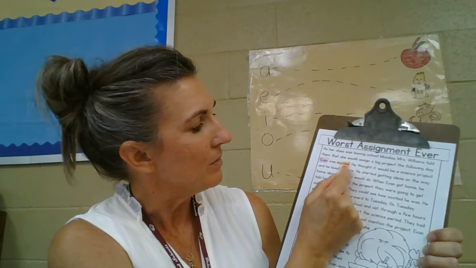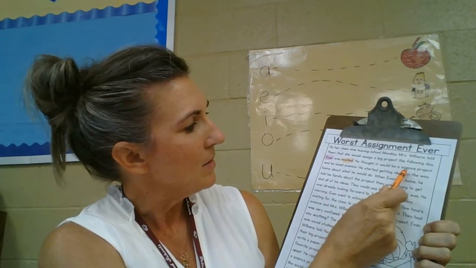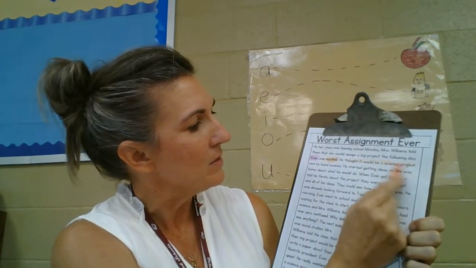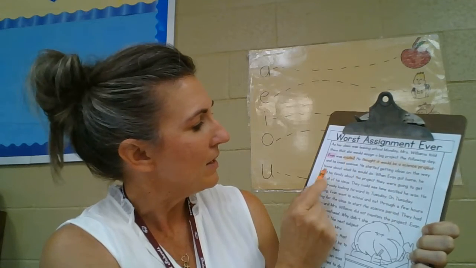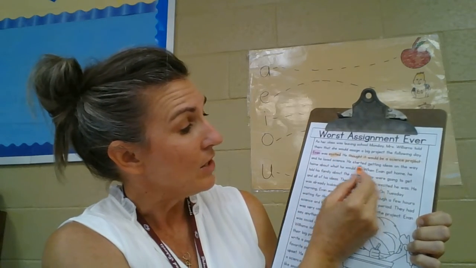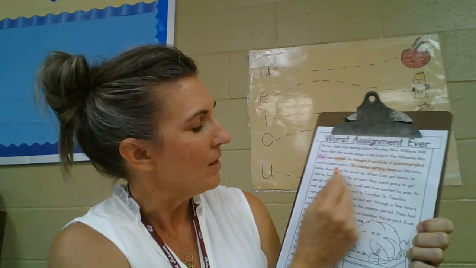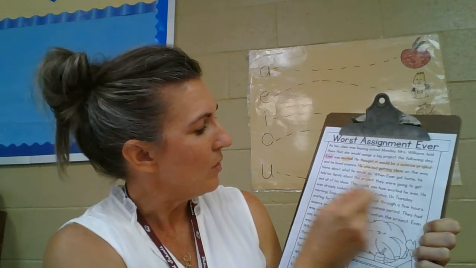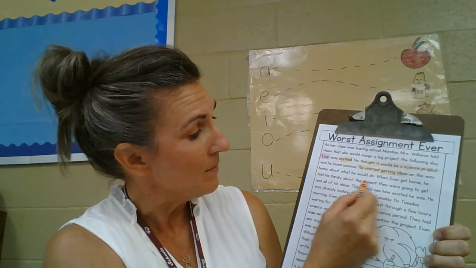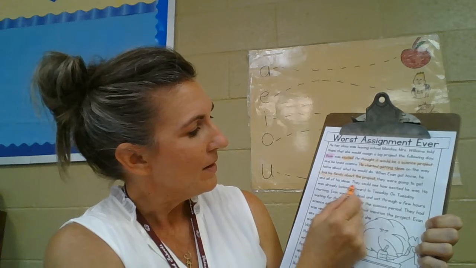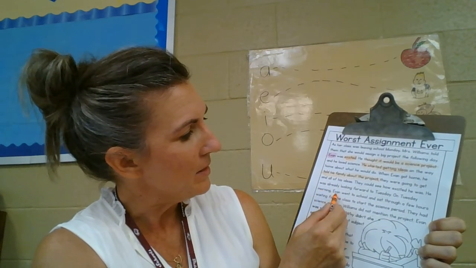Okay, so I'm going to color over excited. He thought it would be a science project, so I'm going to color over science project. He started getting ideas. That's something else he does. On the way home, when he got home, he told his family about the project, so I'm going to color over that. They could see how excited he was.